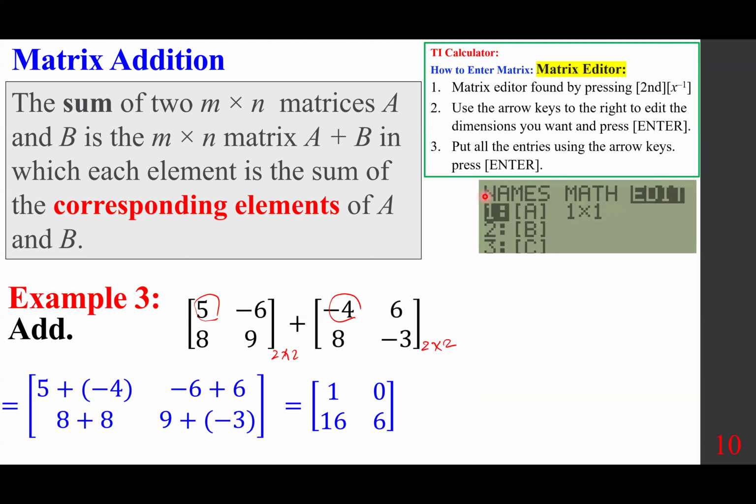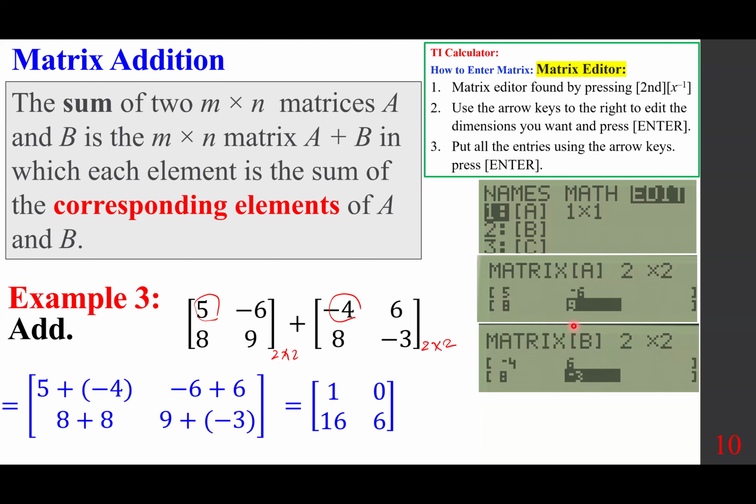So for example here, when you go to matrix editor, you edit A. The very first thing you do, you change this, for example to 2 by 2. And we put 5, -6, 8, 9 in the proper spot. For B, we put -4, 6, 8, -3 in the proper spot. And if you go with addition, add the two matrices, you get the result that you got here.